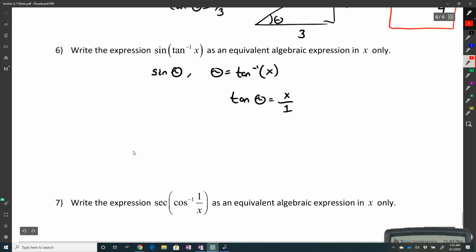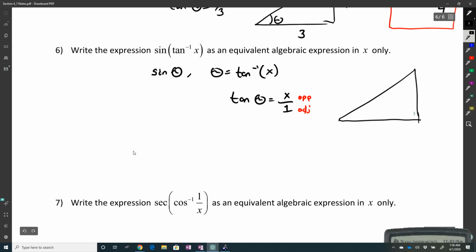So remember that tangent is opposite over adjacent. So if I create my triangle, I have theta right here. Opposite is x. Adjacent is 1.